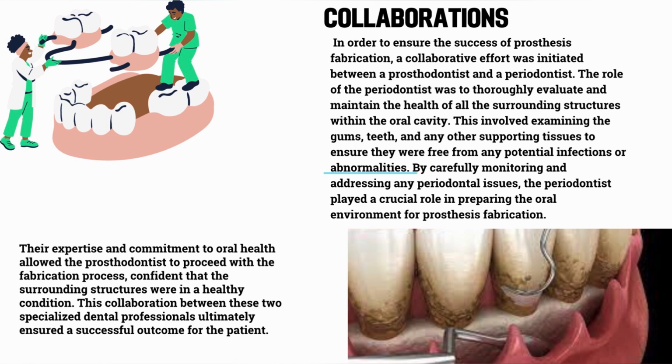By examining the gums, the teeth, and any other supporting structures, so as to ensure no potential infections or abnormalities that would later cause problems when the prosthesis is placed. By carefully monitoring and addressing the periodontal issues, the periodontist played a very important role in preparing the environment for future prosthesis fabrication.